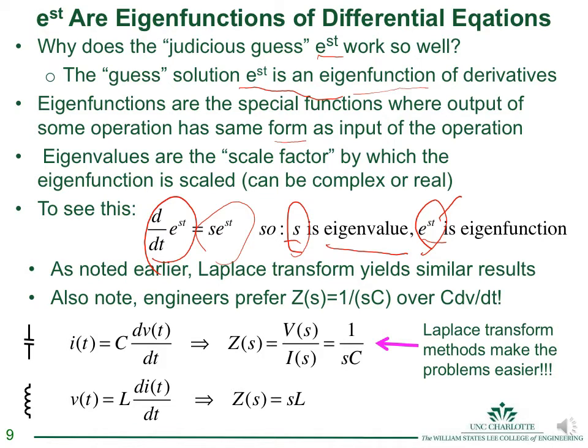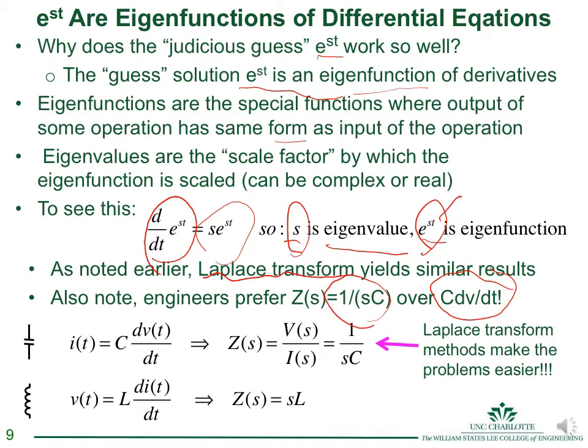As we saw in the previous slide, the Laplace transform gave us the same end result. Lastly, as we mentioned a bit earlier, most engineering problems aren't as easily solved in the derivative form as they are using these notions of the Laplace variables.